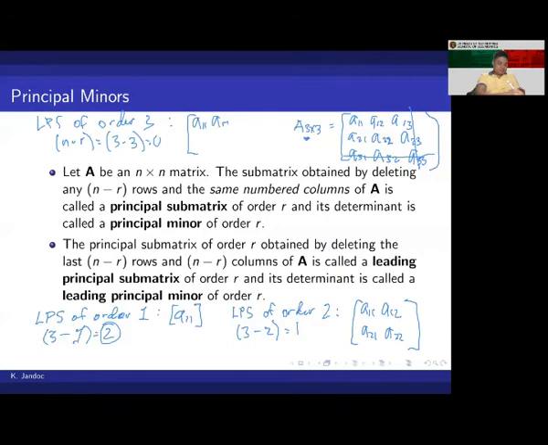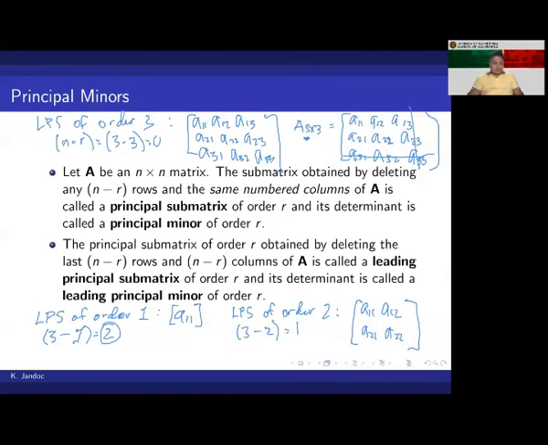A11, A12, A13, A21, A22, A23, A31, A32, A33. Okay? So these three are the leading principal submatrices. Now, notice that these are subsets of the principal submatrices. There are more principal submatrices than the leading principal submatrices. Okay? Great.